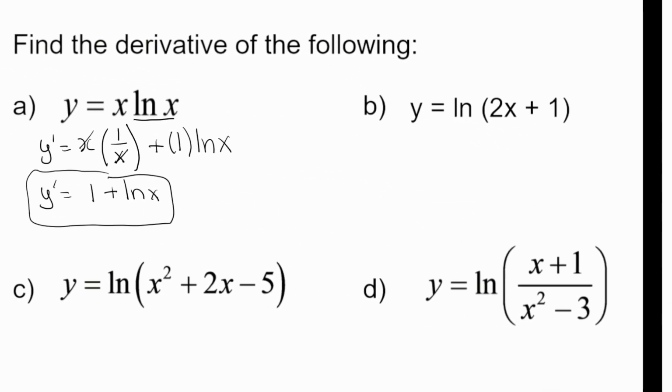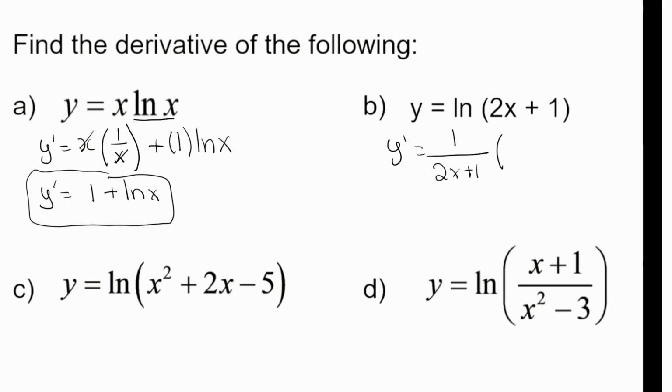So we have ln of 2x plus 1. We're going to take that 2x plus 1 as being the inside, and we're going to take ln as being the outside. Well, we know that the derivative of ln is just 1 over x. And so it would be 1 over whatever is on the inside, 2x plus 1.